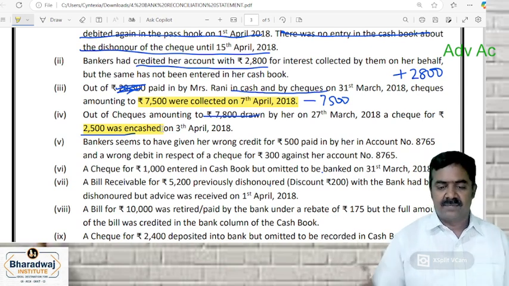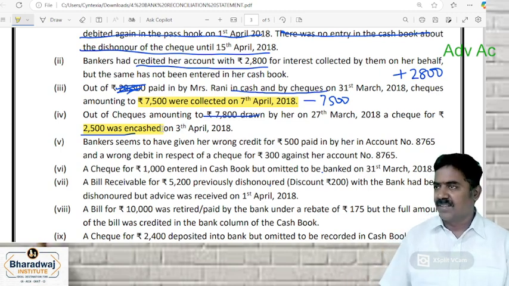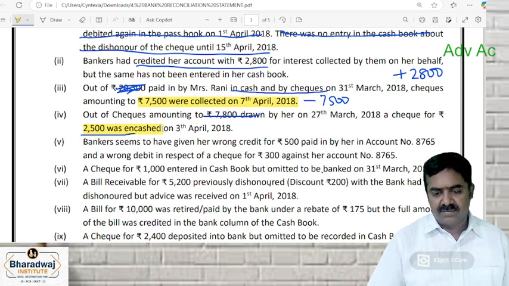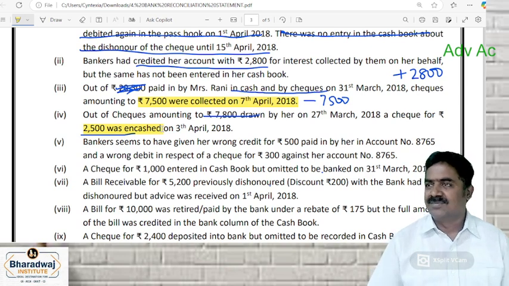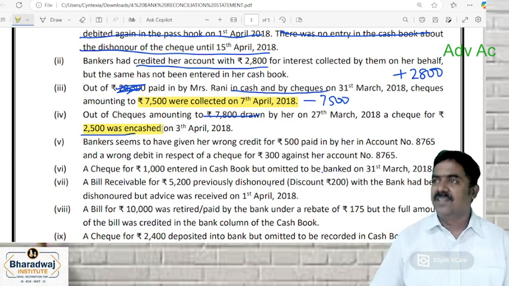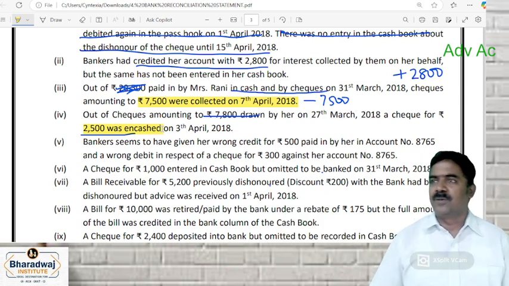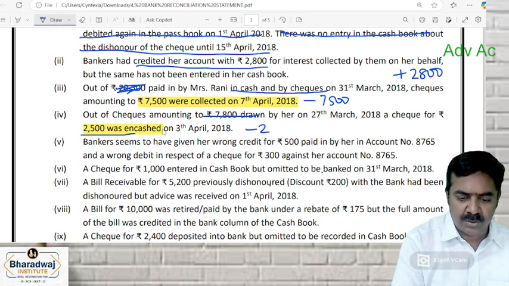The customer has paid. Drawn by, what does it mean? When do you draw a check? When you pay the money. So in paying, the customer would have deducted that 2,500. We did not deduct. Then what should we do? Add it. OD is the starting point, do the opposite, minus 2,500.